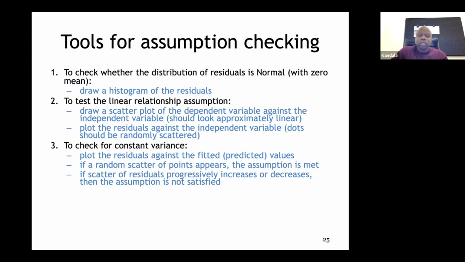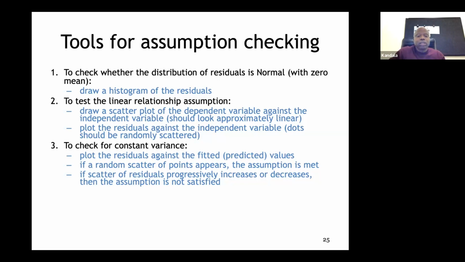That is, with a mean of 0 and a constant variance. So you can draw a histogram of the residual, which will help you check the normality assumption.